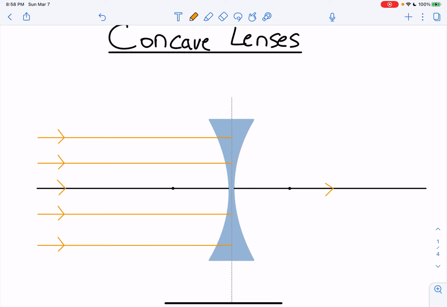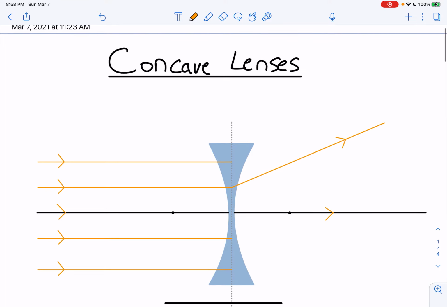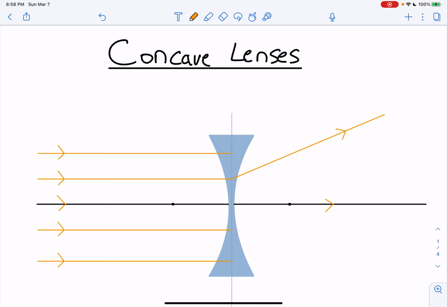Okay, so let's take this first ray, and we're going to have refraction like this. If we look at then the top ray, we're going to have refraction like that. And we're going to have a very similar situation on the other side here.